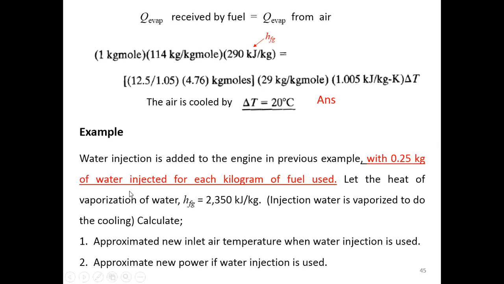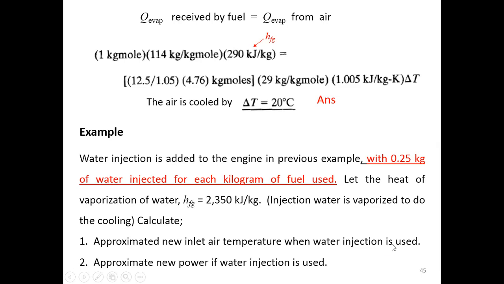Let the heat of vaporization of water be equal to 2,350 kilojoule per kilogram. Okay, calculate what I put here. Injected water is vaporized to do the cooling. Okay, calculate first the approximate new inlet air temperature when water injection is used.